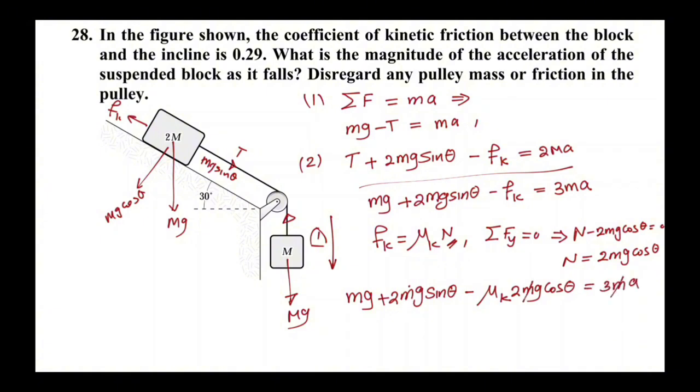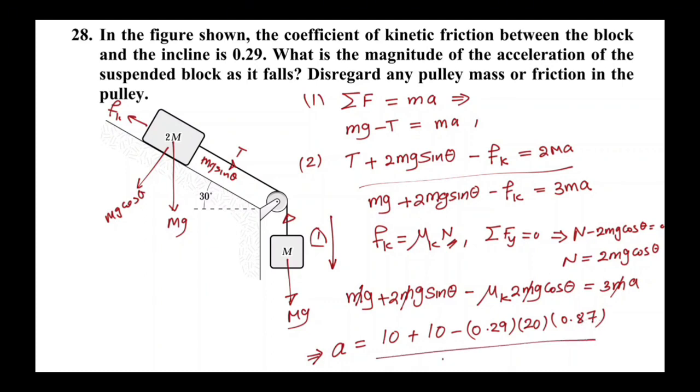Mass with mass, and in this case here, A equal to 10 plus 10 minus 0.29, it's mu k, times 2g, it's a 20, times 0.87, it's cosine 30, divided by 3, and A in this case, it's equal to 4.98 meter per second square.